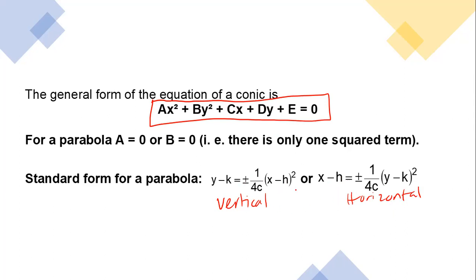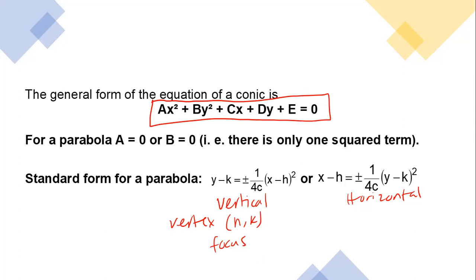From the standard form of the parabola, you can identify your vertex. And for both forms, your vertex is what? H, K. It's your H comma your K. What changes are the focus and the directrix, right? So for a vertical, your focus, which is a point inside of your parabola, is C distance away.